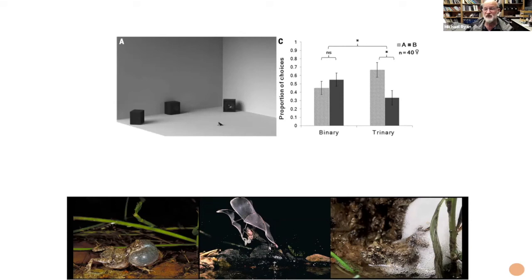So this shows very clearly that these frogs are not acting in what economists would call a rational way, and specifically that there's a competitive decoy effect here. So what that really means in nature is that it's very difficult.